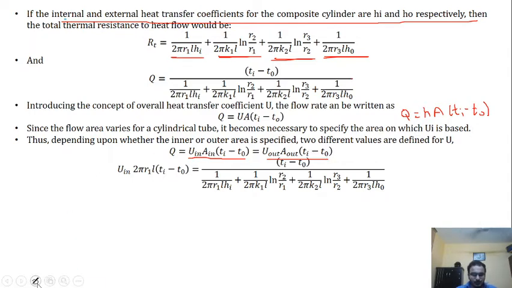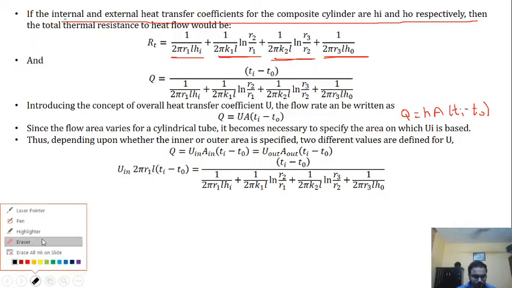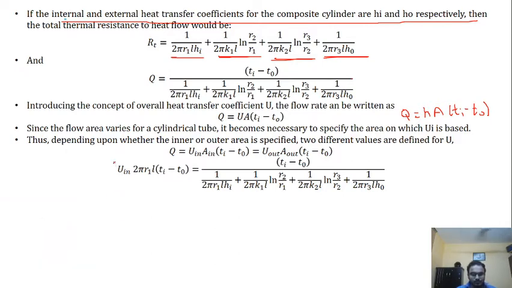So first of all, we are going to focus on this equation.